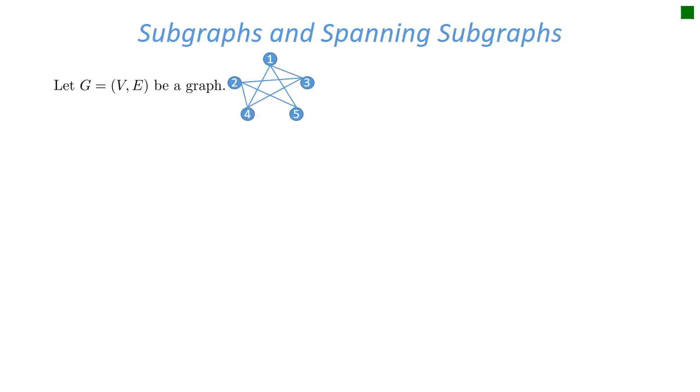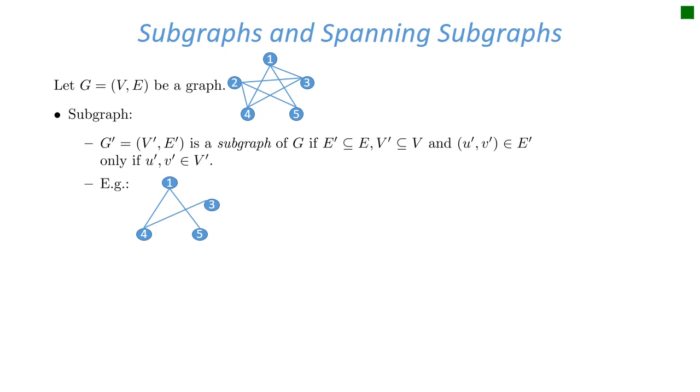Let us now talk about subgraphs and spanning subgraphs. Again, we will learn these through the help of examples. And in our example, we will use this graph G. A subgraph G prime is simply a subset of the edges along with the vertices that these edges are incident upon.